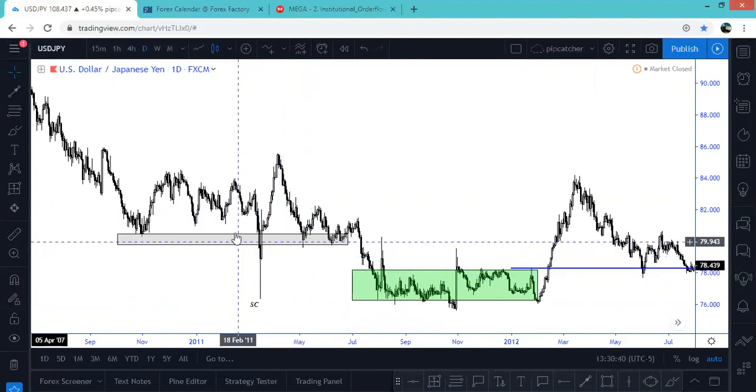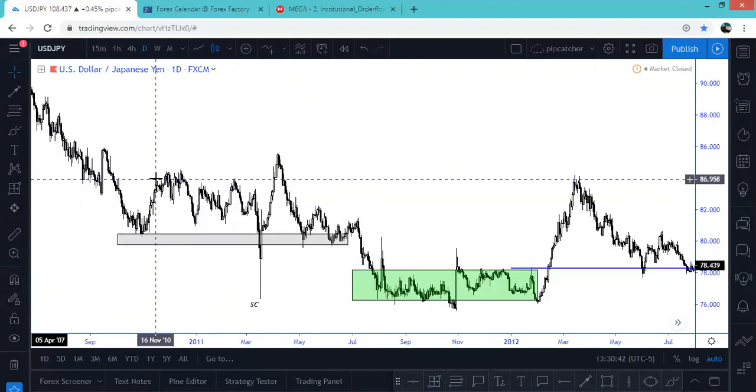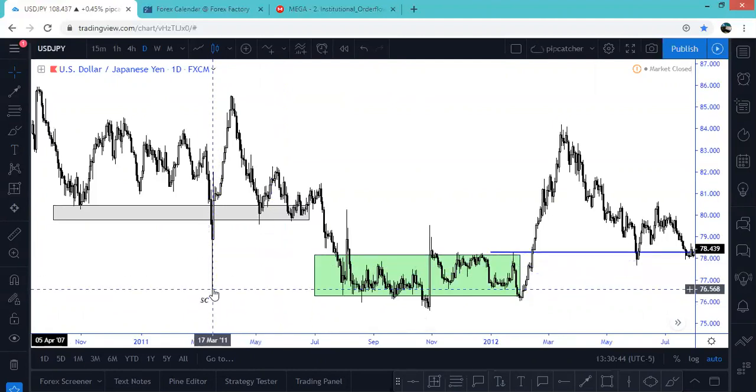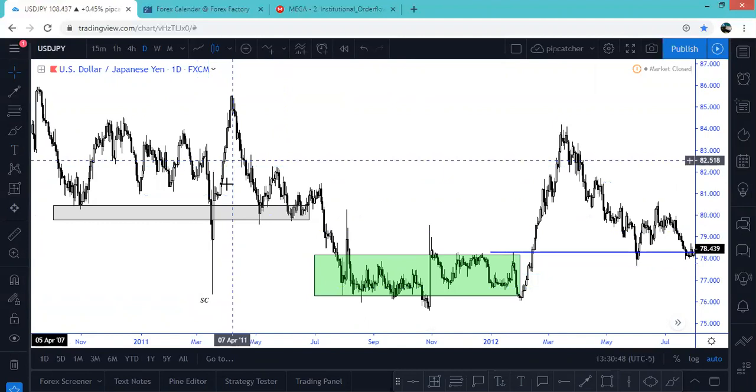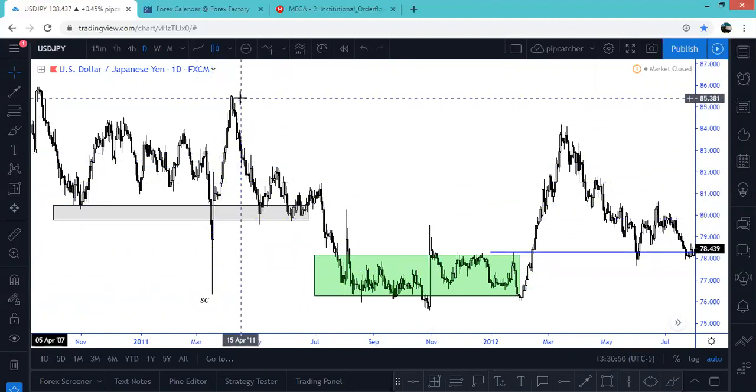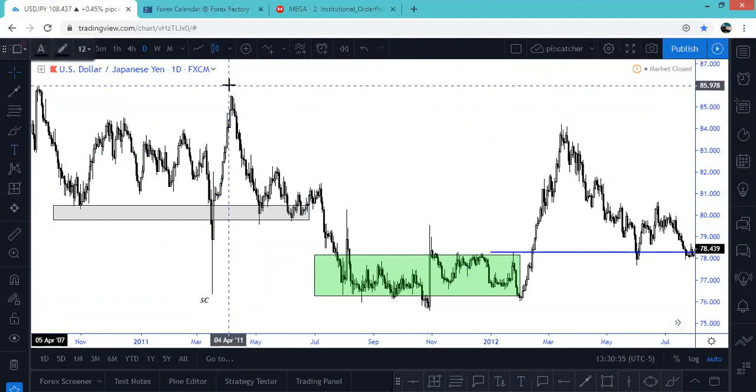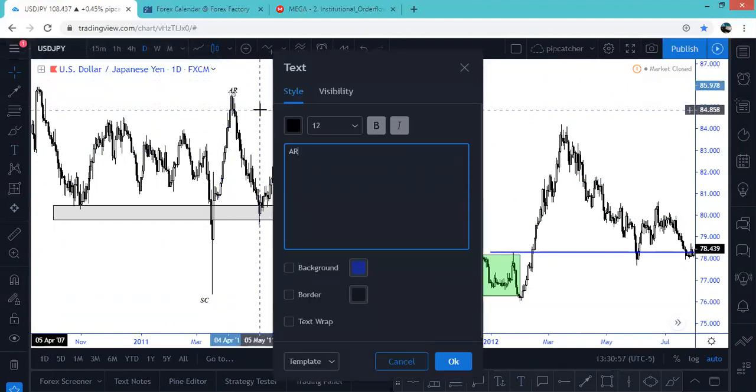After this sign of weakness right here, we have an aggressive move to the upside, right? We call that an automatic rally.